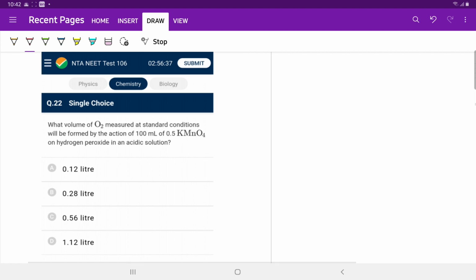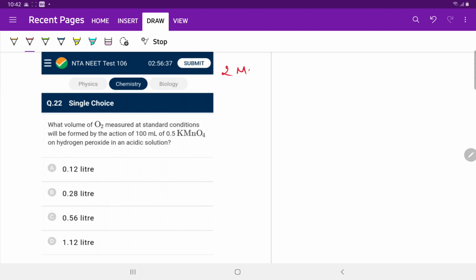Question 22. What volume of O2 measured at standard condition will be formed by the action of 100 ml of 0.5 normality hydrogen peroxide in acidic solution?